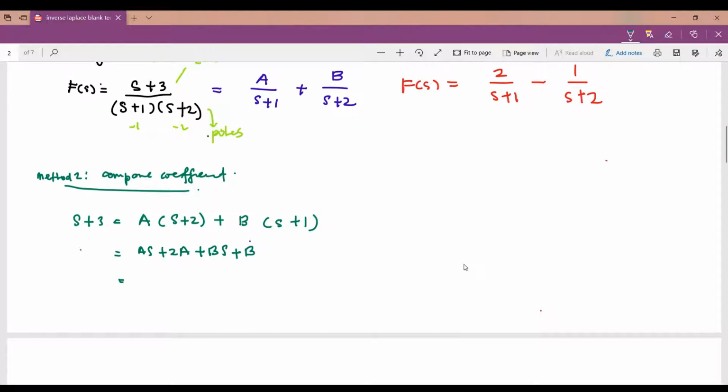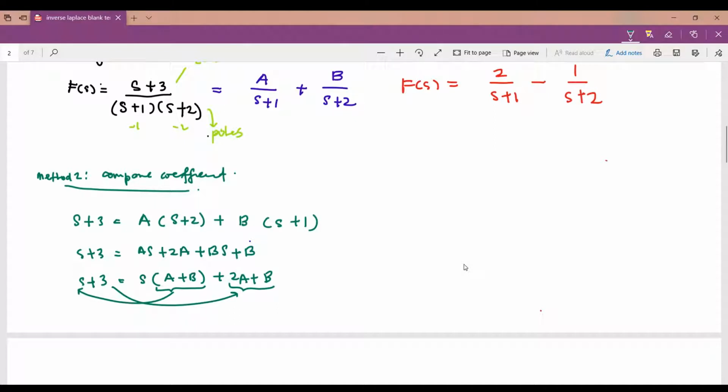So this one is s plus 3, and this one is also s plus 3, so that I can collect all the coefficients of s, which is A plus B, and the rest is 2A plus B. I can compare this one with the coefficient of that one, and this one with the coefficient of this one.